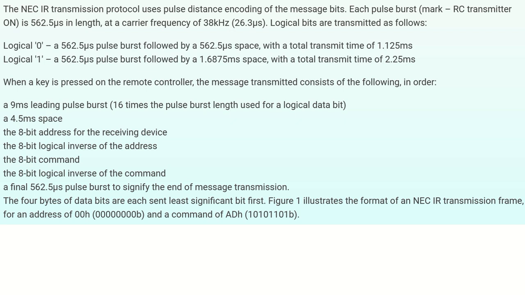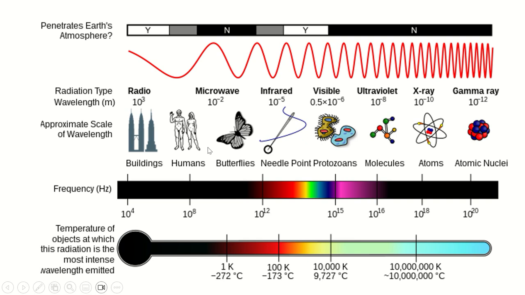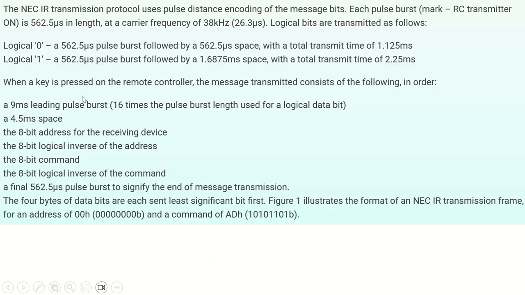This is called the carrier frequency. With this frequency, at 38 kilohertz, these bits are transmitted. Why that frequency? Because as I said, we would like to use the infrared light spectrum, which is not visible.